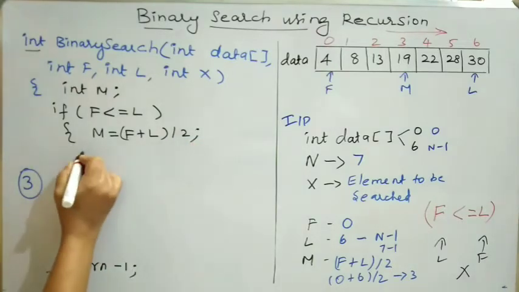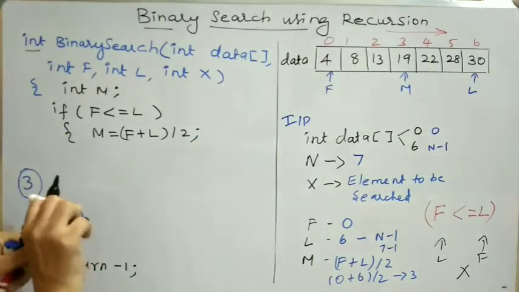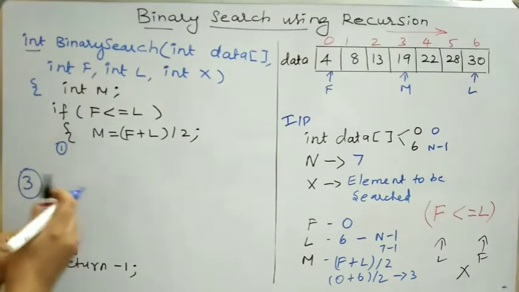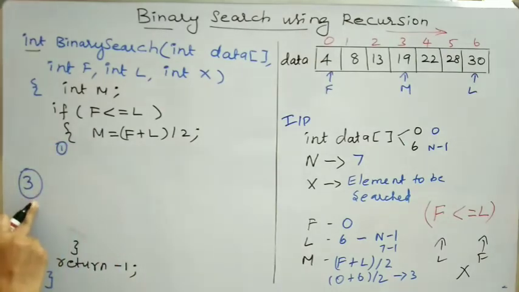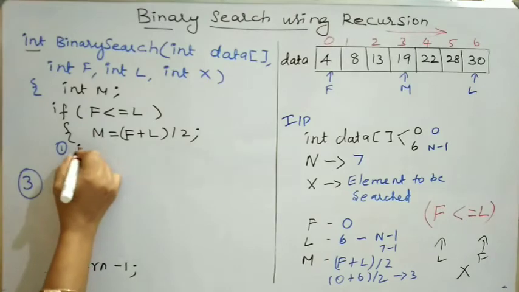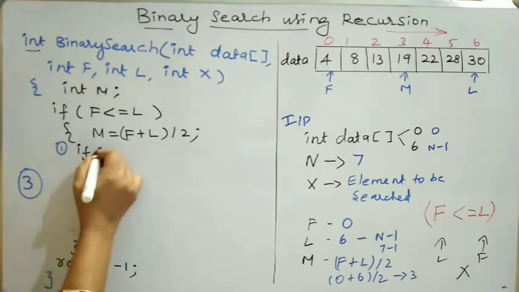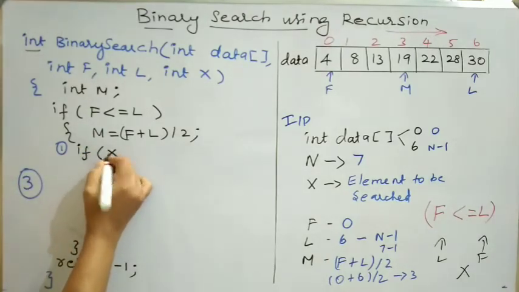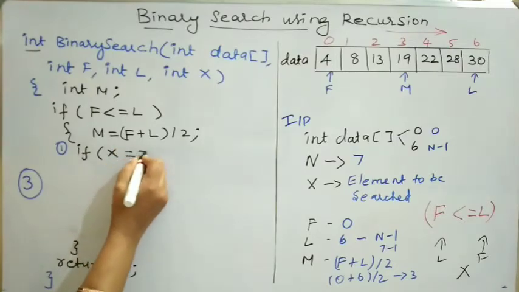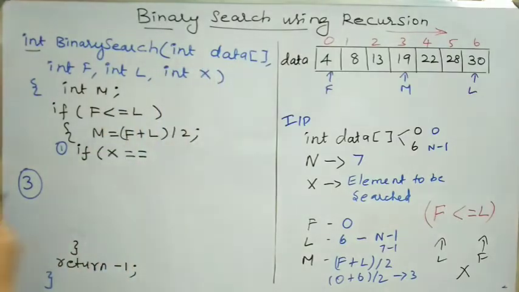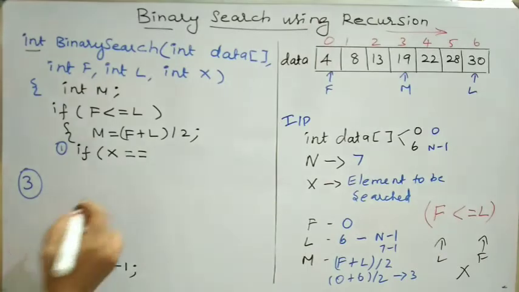I told you I need to check for 3 different conditions. The first condition is specified in the if part. If the value which I am looking for, that is x, is equal to the element in the middle index position m of the data array.